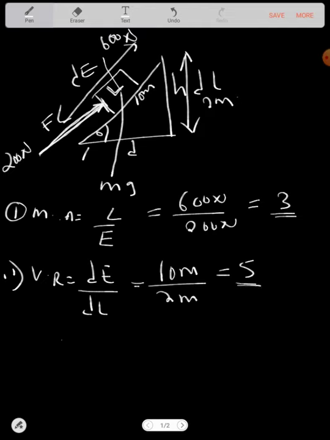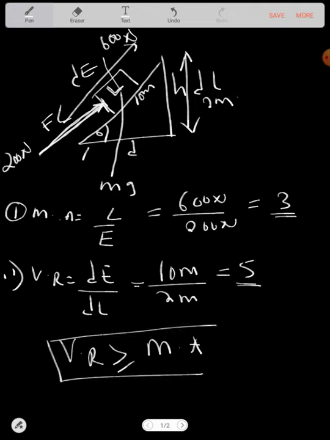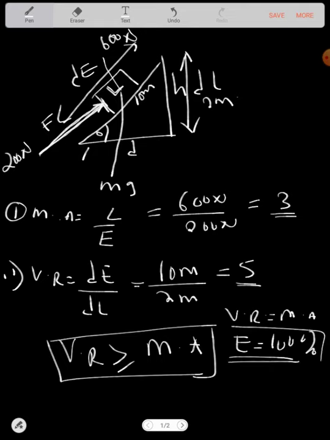Remember, velocity ratio is always greater than or equal to mechanical advantage, not less than. And whenever velocity ratio is equal to mechanical advantage, you get efficiency of 100%. Though it's rare, this occurs in what we call ideal machines. It's very rare.